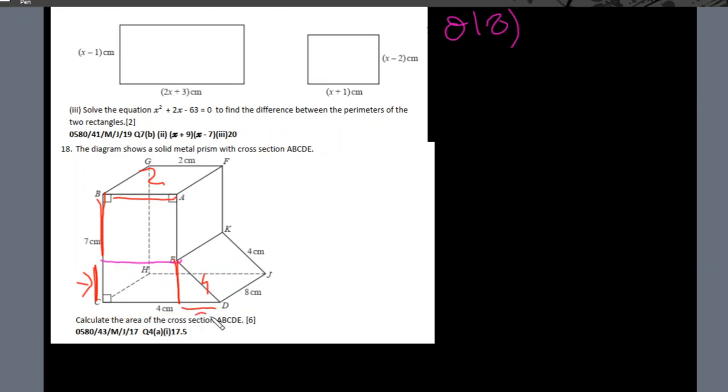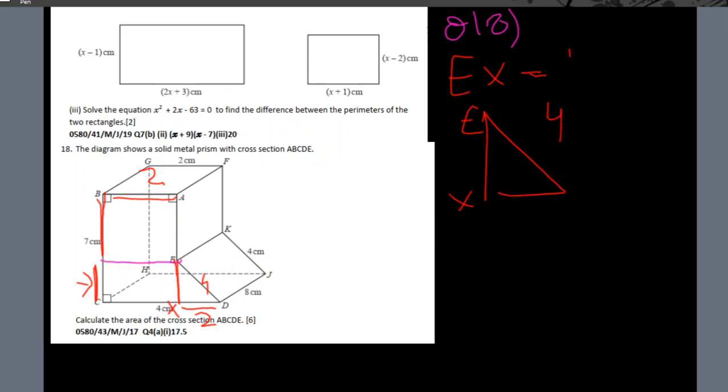So this is 2. Now if I call this X, I can find EX. I believe this is E. Probably, yes, it's E. Okay. So EX will be this length.